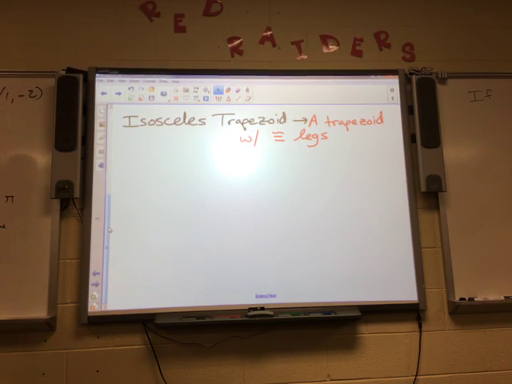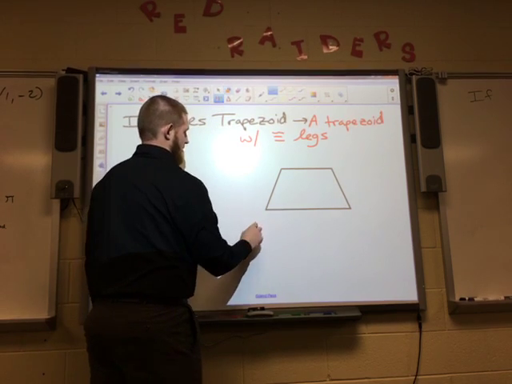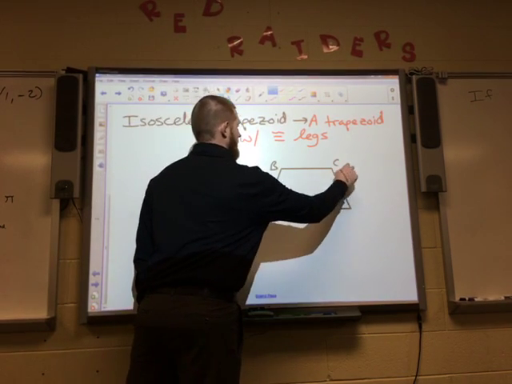It's a trapezoid with congruent legs. So it looks something like this.